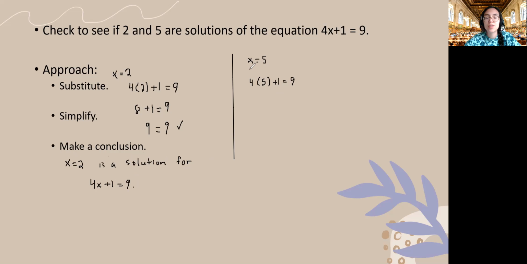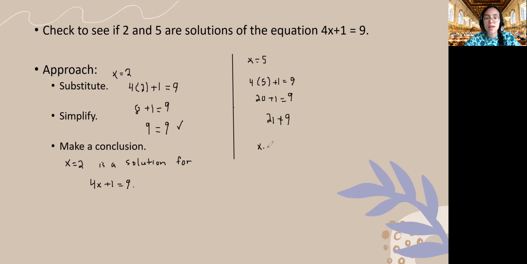I'm going to continue on the right side with x is equal to 5. I already substituted, so 4 times 5 plus 1. 4 times 5 will give me 20, then I can add the 1, so 20 plus 1 is 21, and that is not equal to 9.